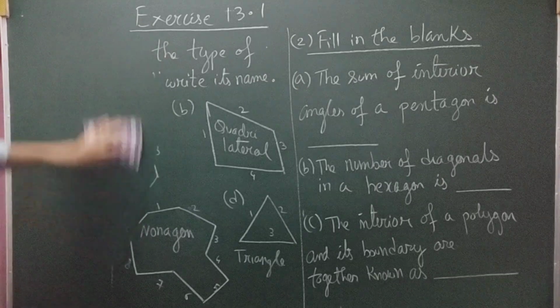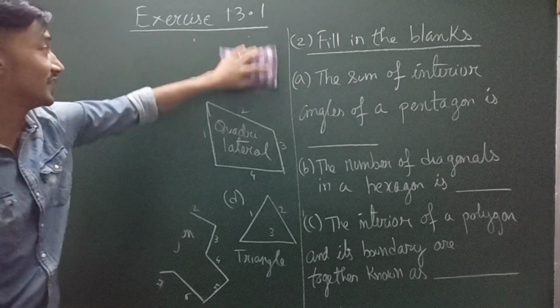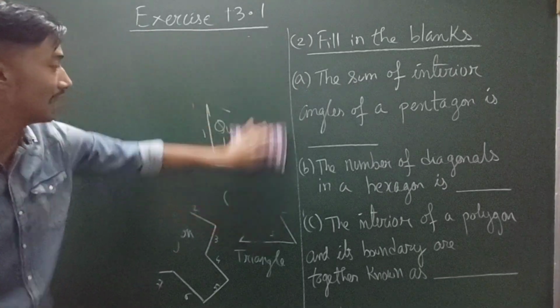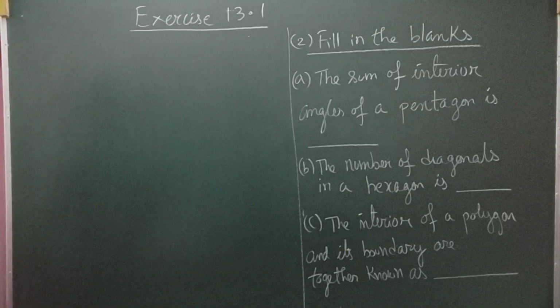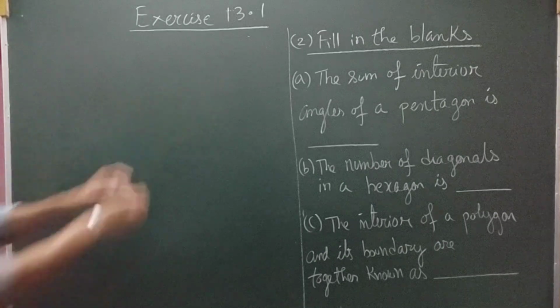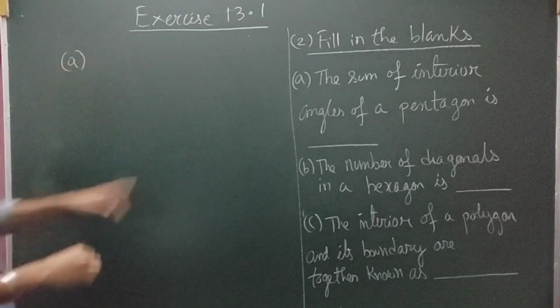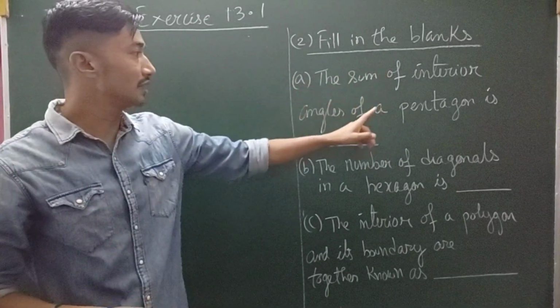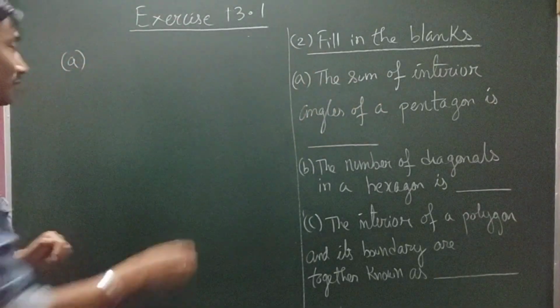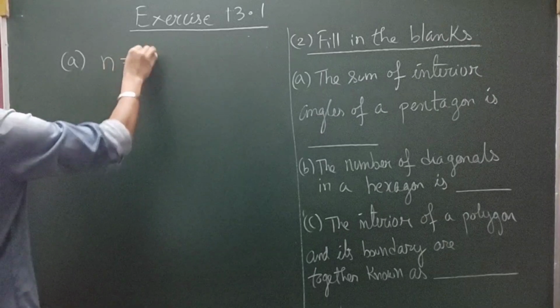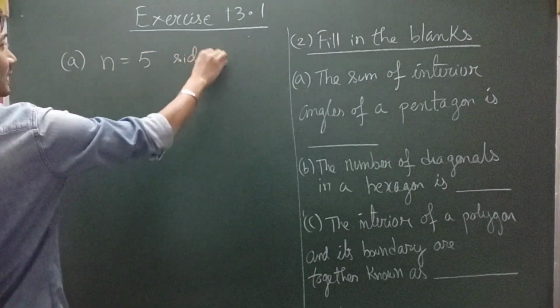Let's check out the second question. Fill in the blanks. So here I'm going to give you some interesting formulas. First one is already given. Number A, I'll solve here. The sum of interior angles of a pentagon. How many sides do we have? We have 5 sides.